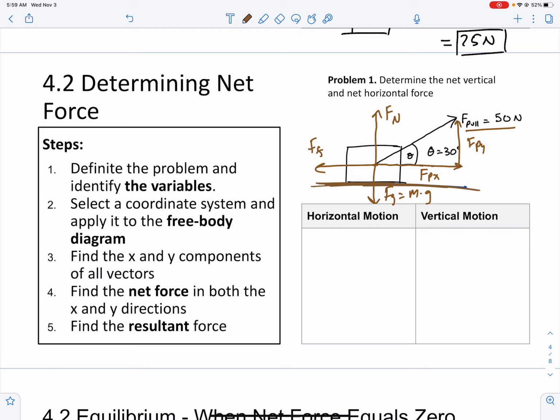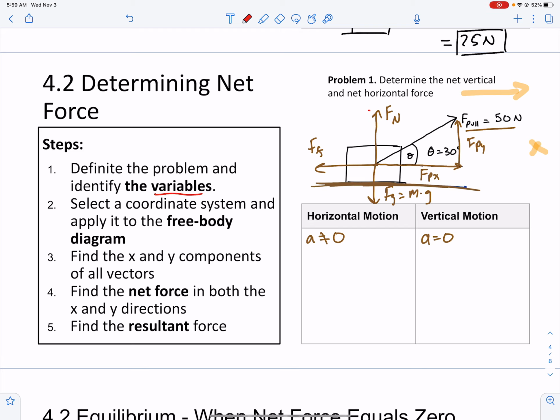and we have the force of pull in the y direction. Okay, in this particular scenario, let's say that we're choosing to accelerate to the right, and we are not moving up and down. Okay, so our overall acceleration vertically is going to be 0. Our overall acceleration horizontally is not going to be 0. If I wanted to find the net force, and I wanted to list out the steps, I'd say define the problem, identify the variables.